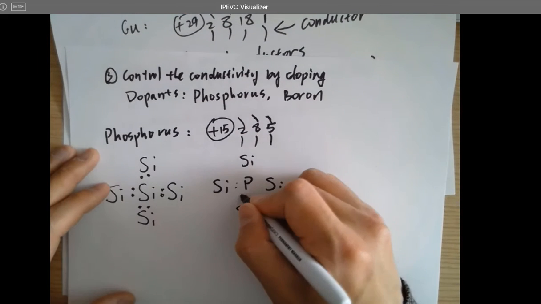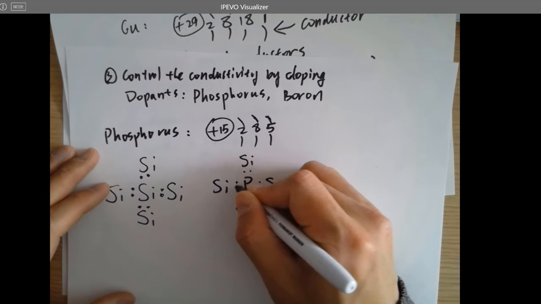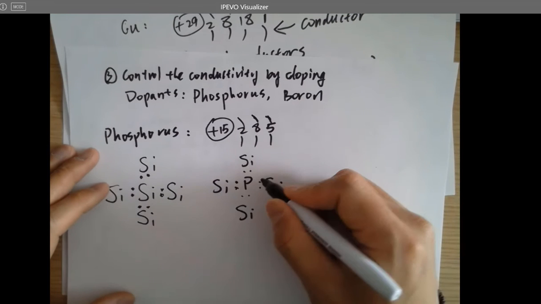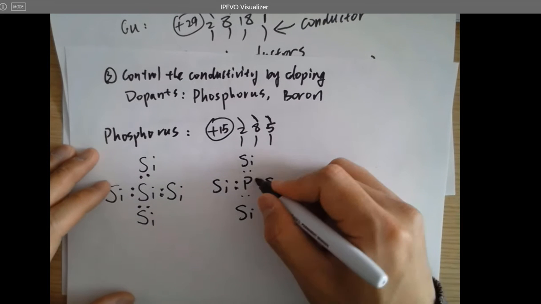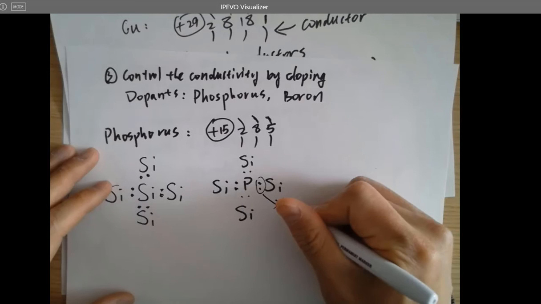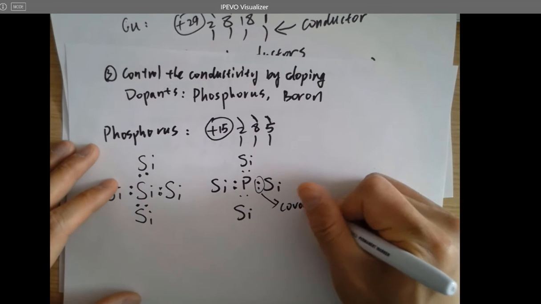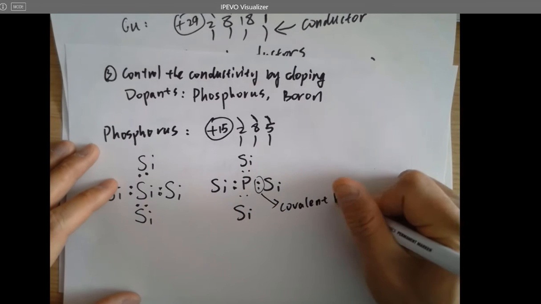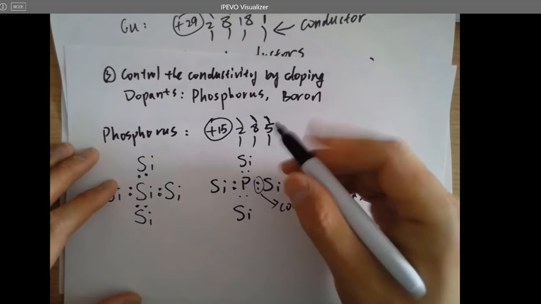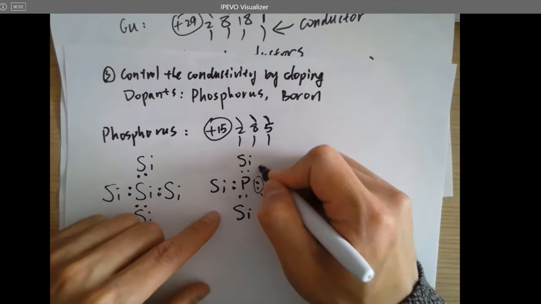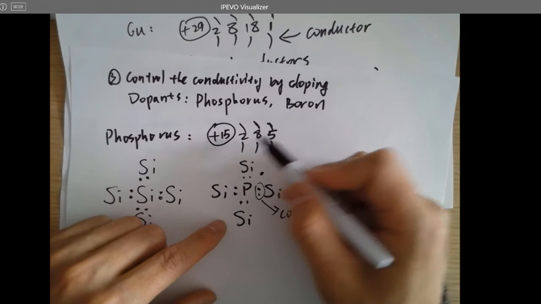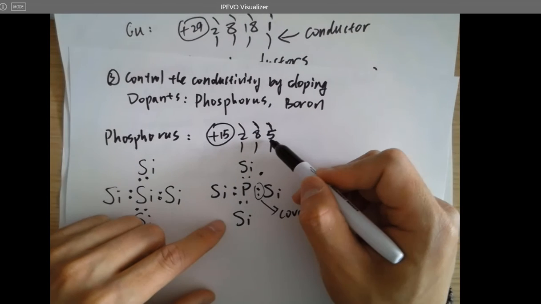After forming all these covalent bonds, so these are called covalent bonds, there's still 1 electron available because it has 5 in total.